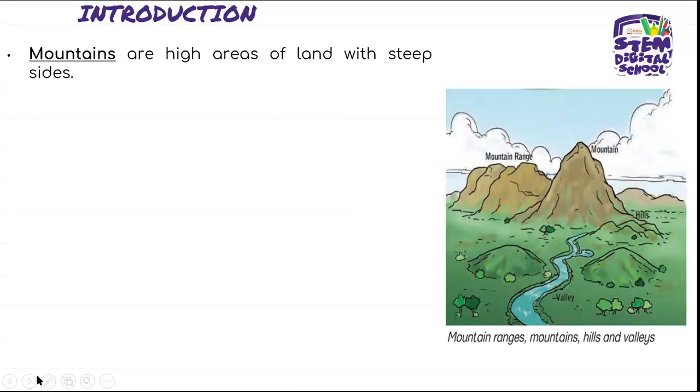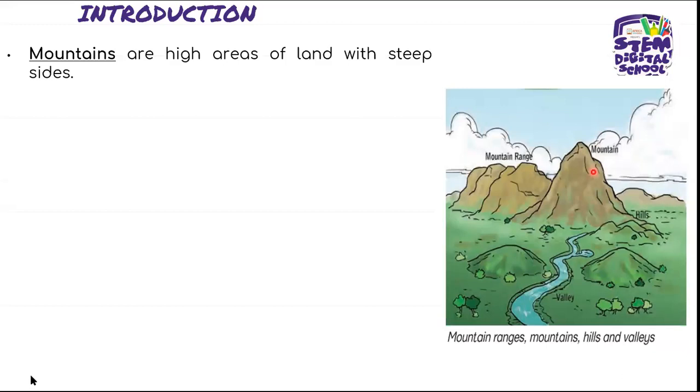On the picture on your right hand side, a mountain is high, very high with steep sides. It won't be easy for you to go up a mountain like this.